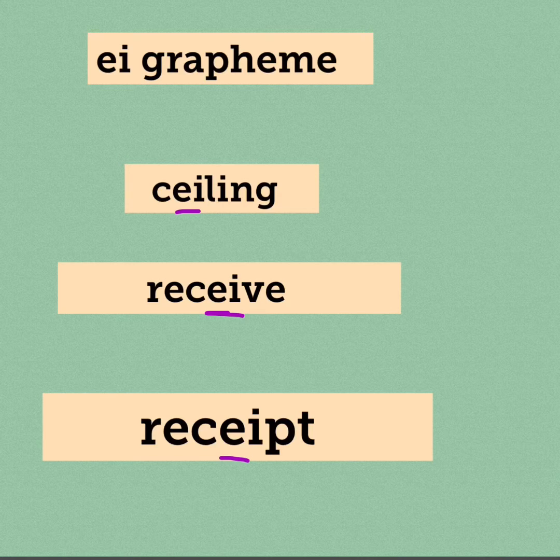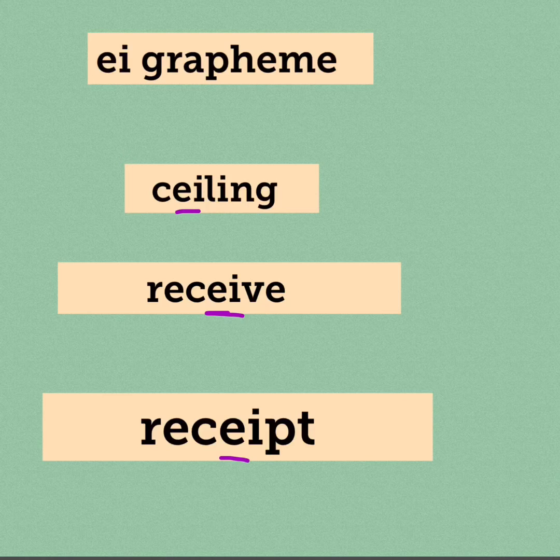The second one is receive. Did you ever hear the expression, it's better to give than to receive? That word receive has the long E sound. Last year I received a gift from my kids. And the third one then is receipt. If you're in Super Save or Soon Lee, when you pay for your goods, you'll be given a receipt.